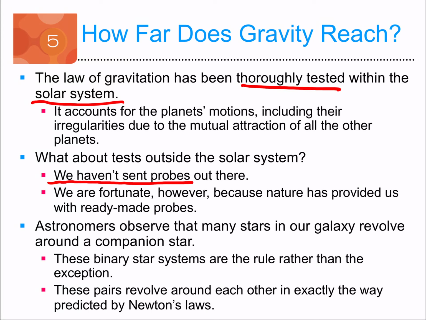Well, we haven't sent any probes outside the solar system, so we're not sure if it holds outside the solar system. We do have some stars in our galaxy that revolve around a companion star. These are what's known as binary star systems. Binary star systems revolve around each other in exactly the way that is predicted by Newton's laws.